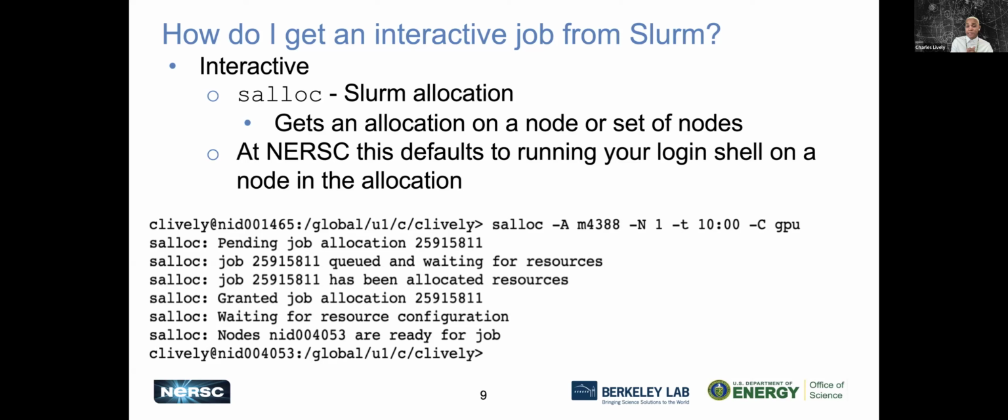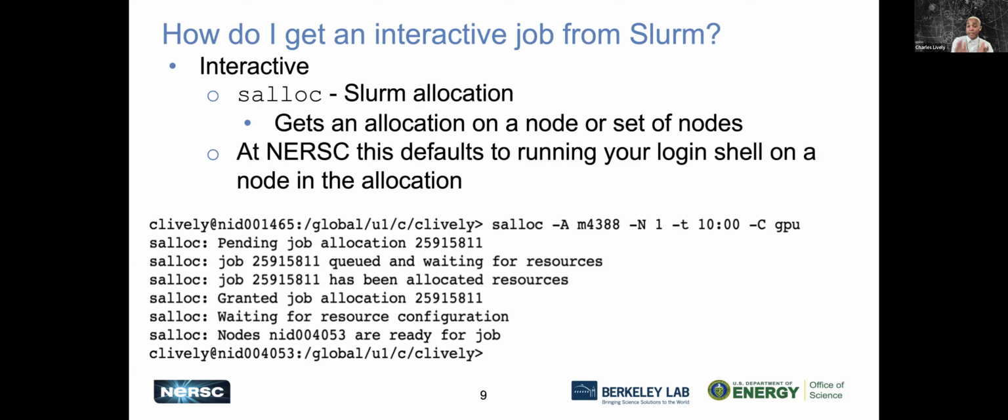So let's say you need to do a specific allocation for a specific number of resources. With the salloc command, we can include some of those Slurm flags that we previously noted, like the account to use. Here I've specified it, the number of nodes, just one node, the wall clock time is 10 minutes, and the constraint is GPU.